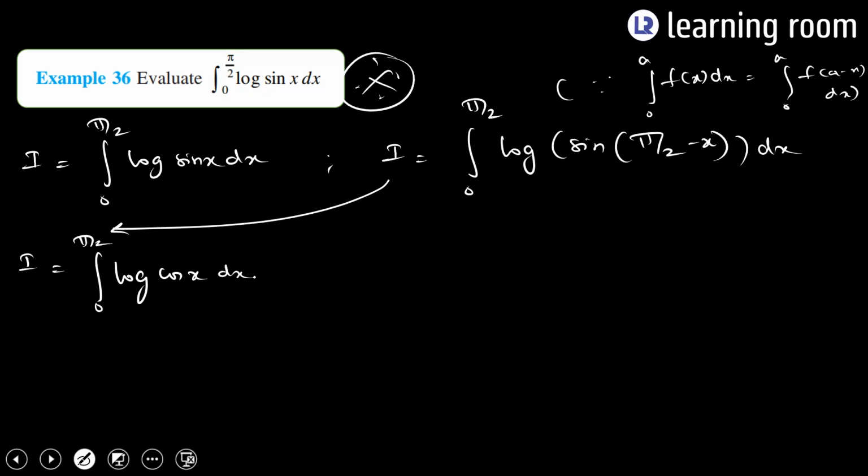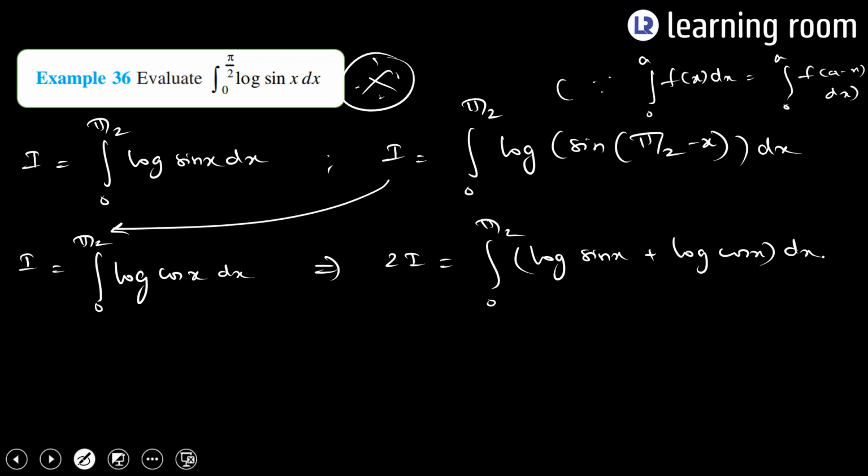So when I add these two, what will I get? 2I will be equal to integral of 0 to pi by 2 of (log sin x plus log cos x) dx. Log a plus log b is going to be log ab, so it is going to be sin x into cos x dx.